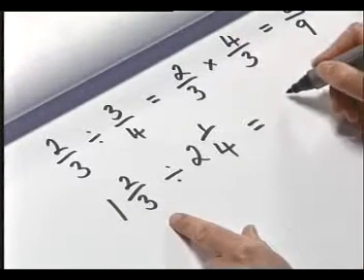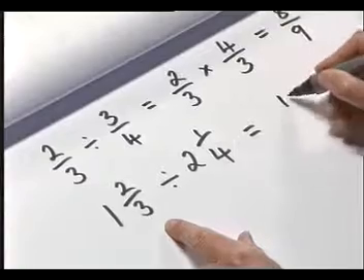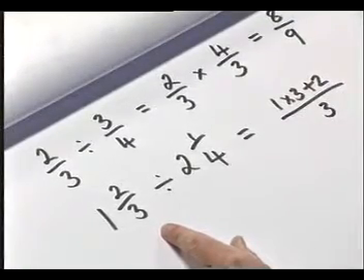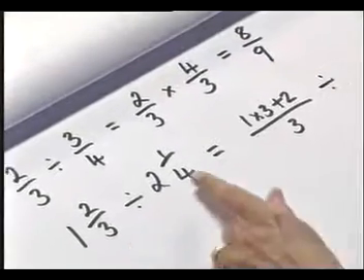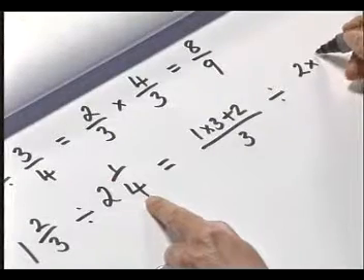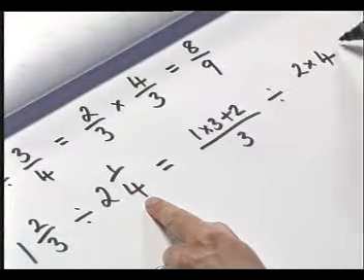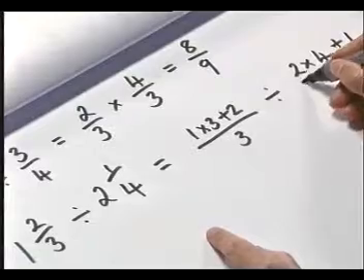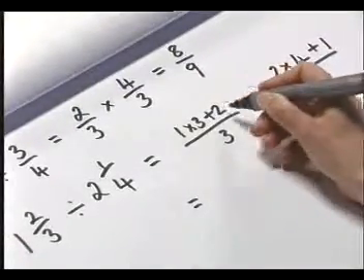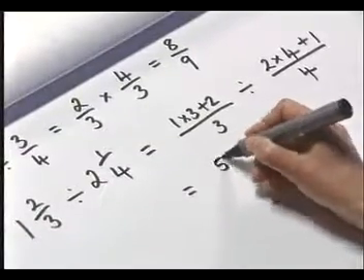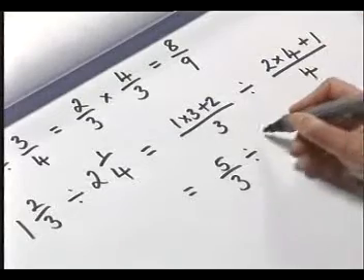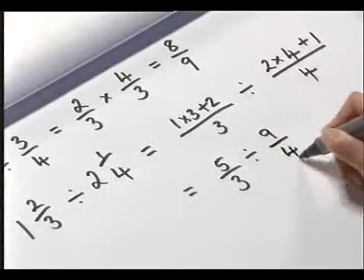So 1 2/3 is 1 lot of 3 plus 2, so 5/3, divided by 2 1/4. Turn the 2 whole ones into quarters, so that's 2 times 4. Add the 1/4. That's how many quarters we've got. 2 fours are 8, plus 1 is 9/4.